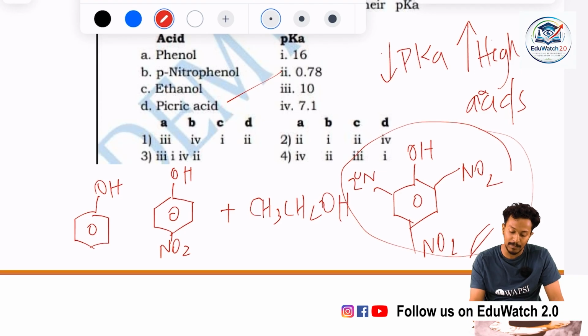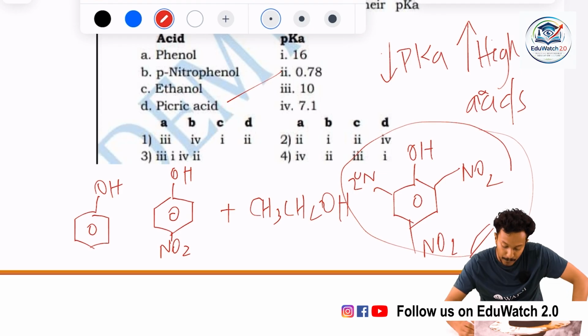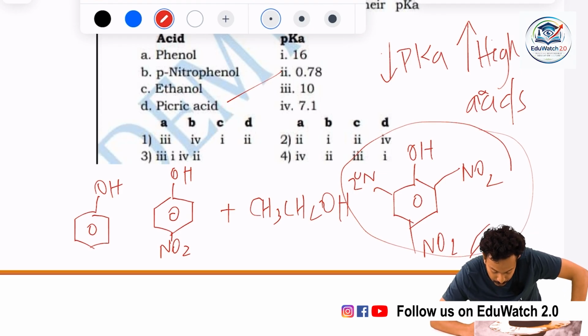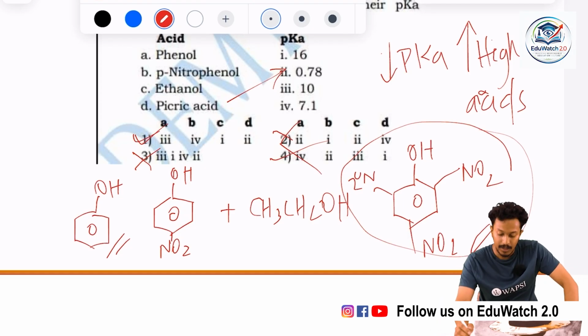So the next one would be paranitrophenol. B would be the next one, so option 4 is also wrong. Option A is the correct one.